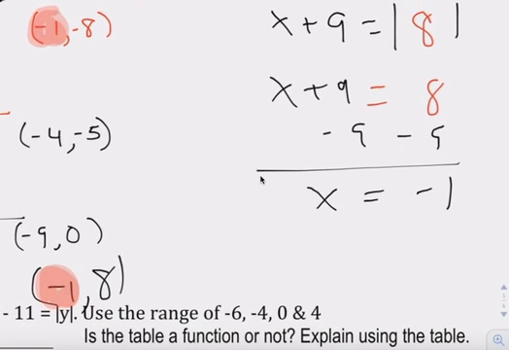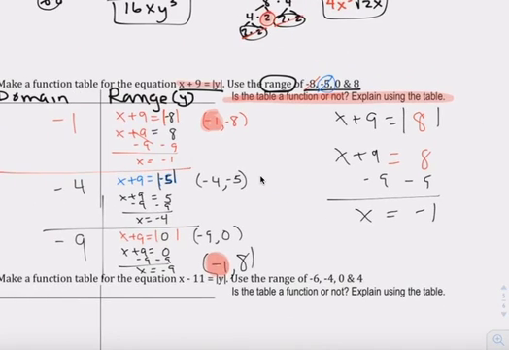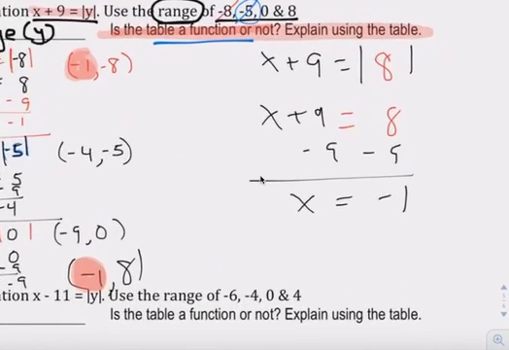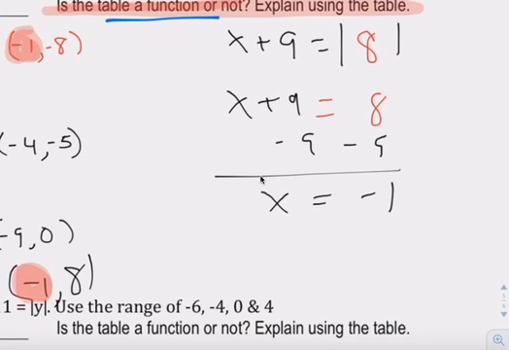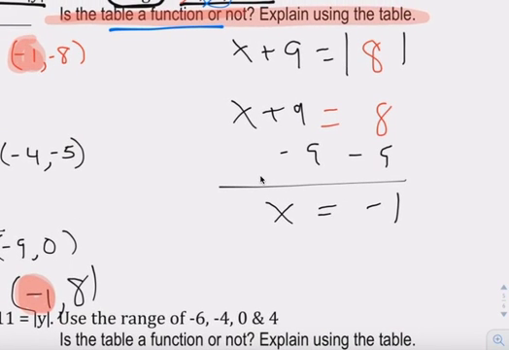Do not use the word vertical line for a table. There's no vertical line here. If you do that, you're going to get a 1 because you don't know the difference between a domain and a vertical line. So you're just memorizing. You're not knowing what it means. So make sure you put the domain. If they're asking for a table, you use the word domain.